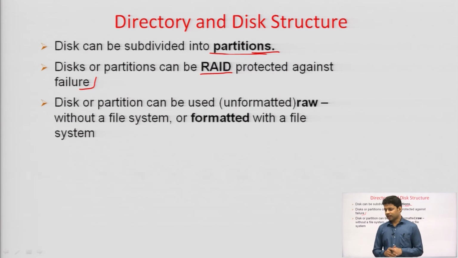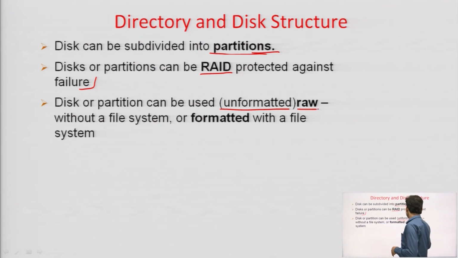A disk or partition can be used unformatted. Suppose your disk is not fully partitioned and there is some unpartitioned space left. That is your unformatted or raw space. You might have seen this when you do not select the proper partitioning volume size, then some of your memory will be unformatted or raw, which you cannot use without a file system.